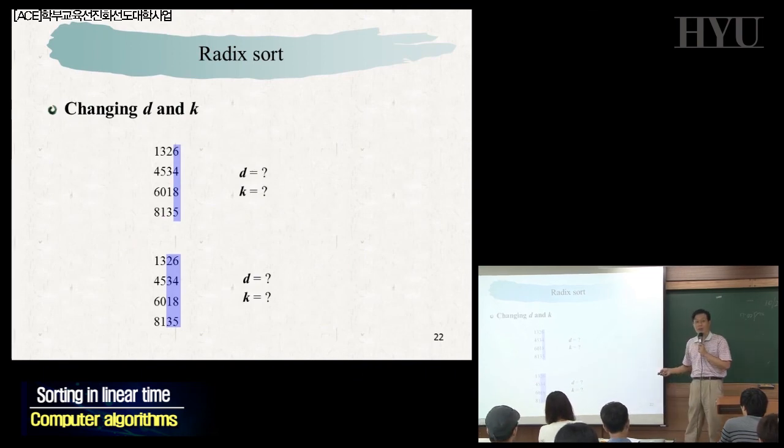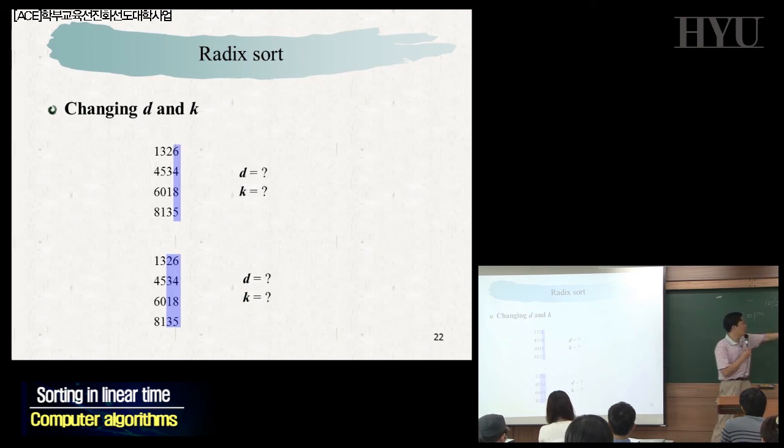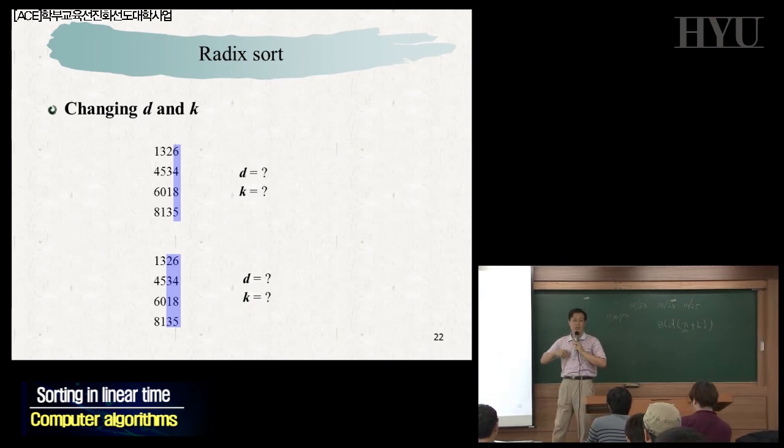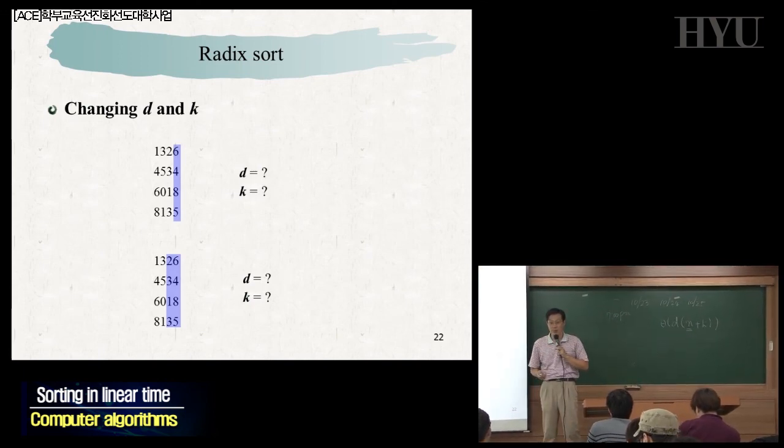But if we think of them in a different way, in this case, there are 2 radixes, and the K is 100, from 0 to 99. So we can adjust D and K to maximize the performance.